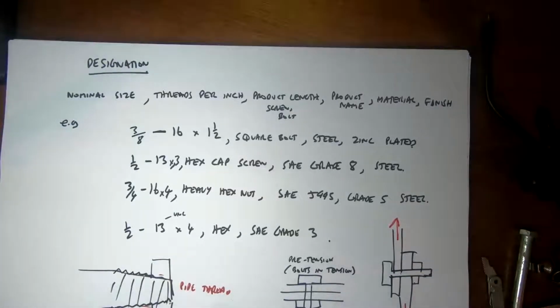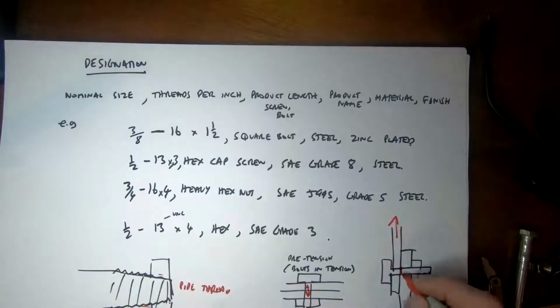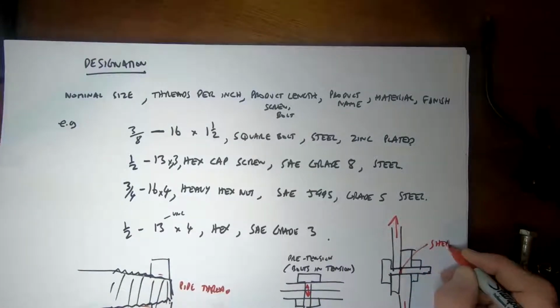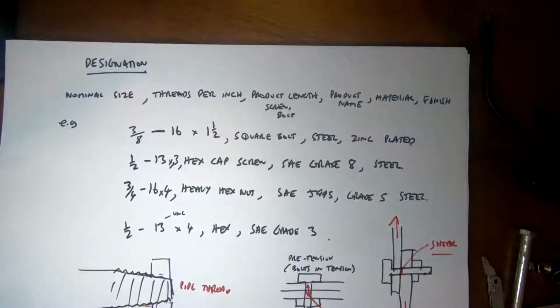This bolt here is in shear here. Here it's in tension, but here the bolt is in shear, and there it's in tension. So these are the two topics of the upcoming lectures. This one was just to give you a background on the specifications.